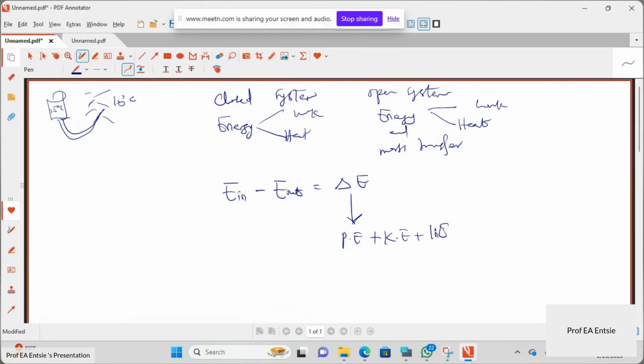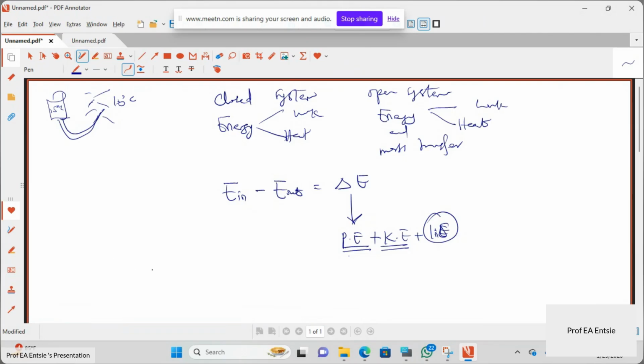Internal energy, IE. Whenever you talk about the total energy of a system, we are talking about both the microscopic and the macroscopic. Microscopic being due to the molecular structure of the system, which is the internal energy, and macroscopic being the energy with respect to an outside reference, either height, distance, or what, velocity or speed. So this is what you should know.